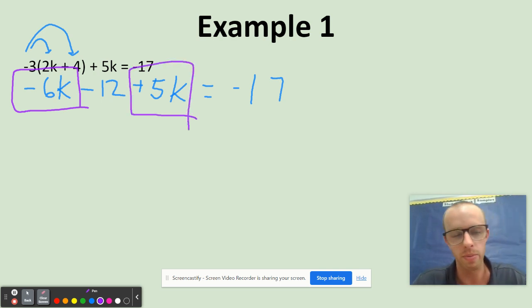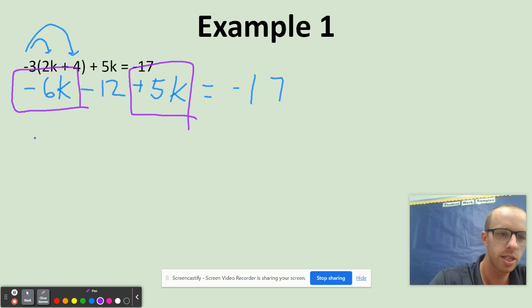They have the same variable, and so I can combine them together. Think about it as money. If I have -$6 over here, I owe $6, but I also gain $5. So if I'm $6 in debt and then I gain $5, now I'm only $1 in debt. So these combine to make -1k. Anything I didn't use, I just drop it straight down.